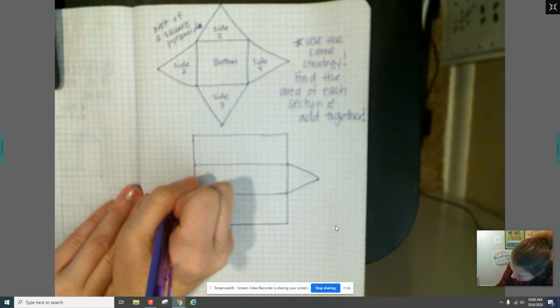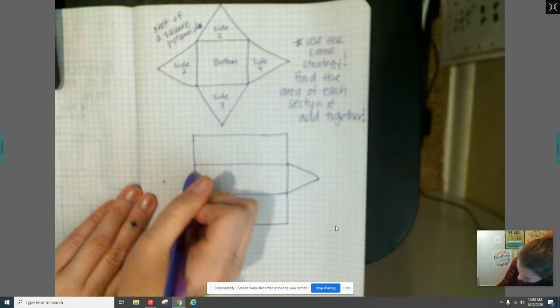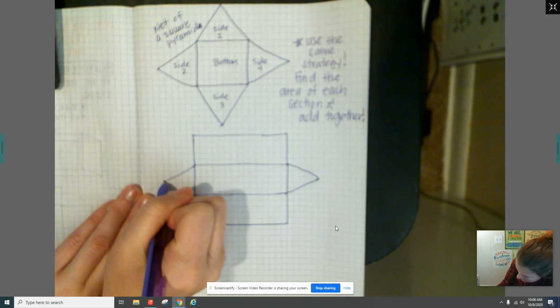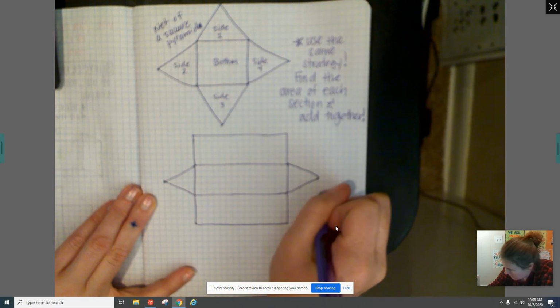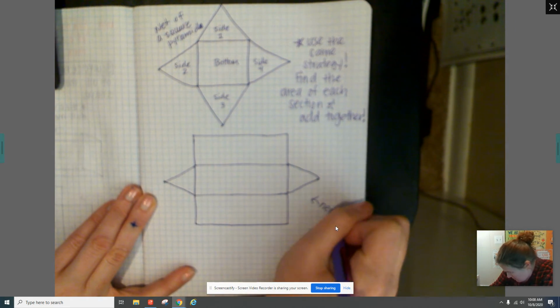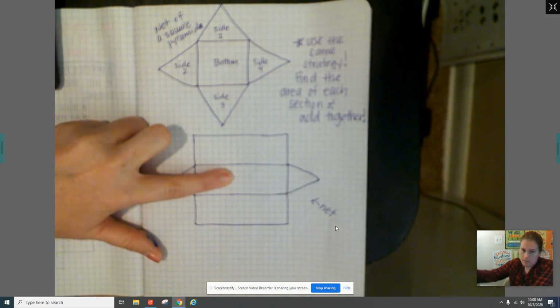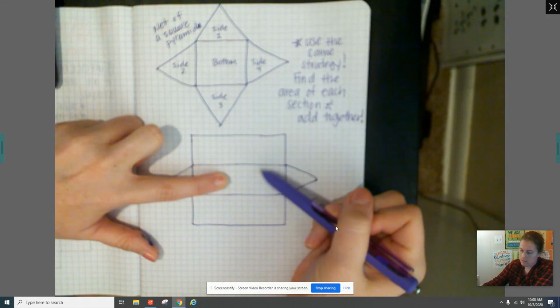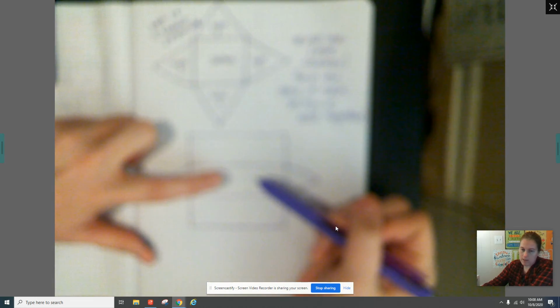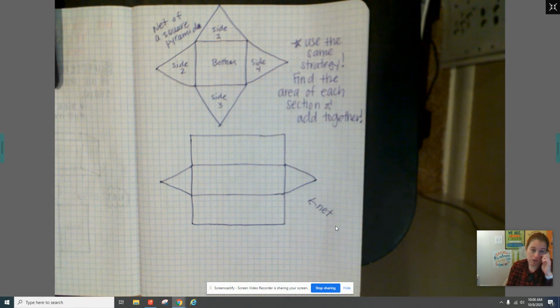So take a second to try to visualize what you think that would look like if it was folded up. Okay, because this is the net. Try to envision if this is the bottom right here. All right, this would be the bottom. This side folds up and this side folds up, and then your edges are triangles. So finish drawing it and then try to envision what it would look like folded up.